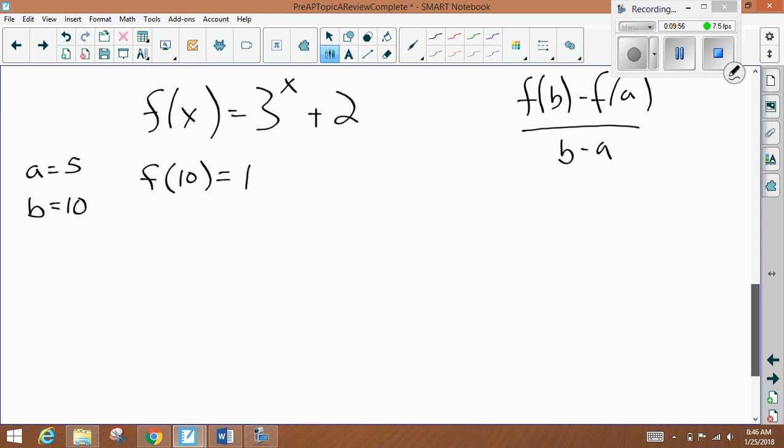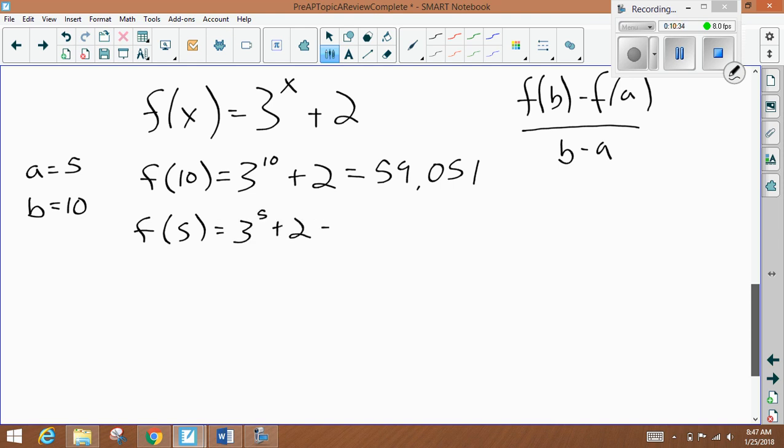So that's 10 to the, my bad, 3 to the 10th power, which is something. It is 59,051. And then f of 5 is 3 to the 5th power plus 2, which is 245.